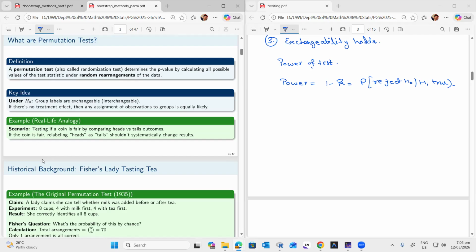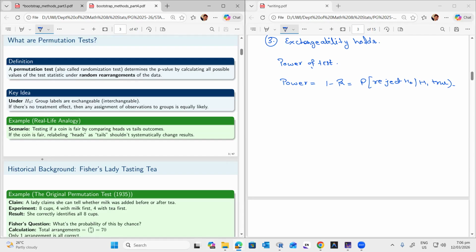Generally, when the number of permutations is extremely large, for example when n1 plus n2 is very large, we resort to a random subset, called the Monte Carlo permutation test, to obtain an approximate p-value.